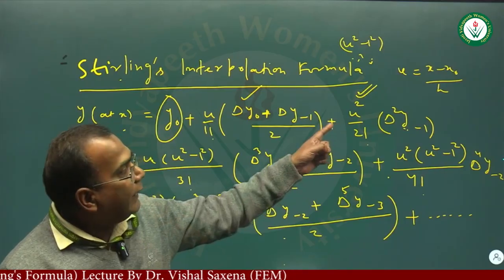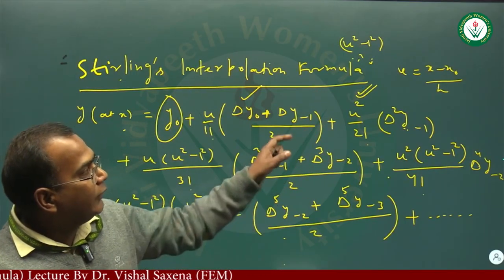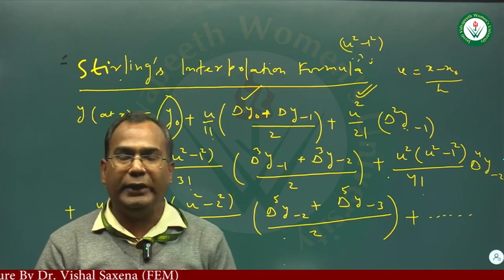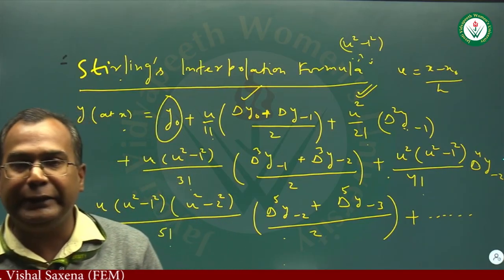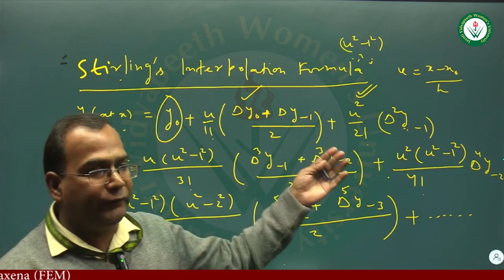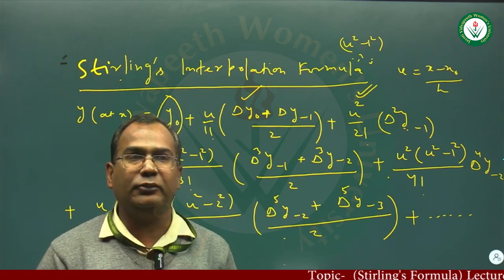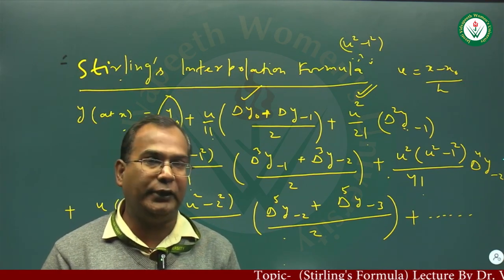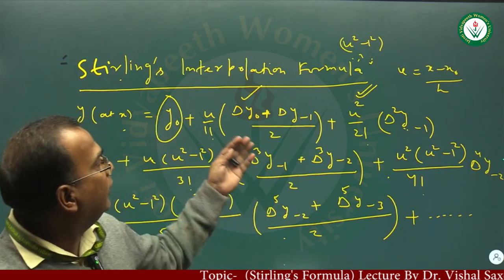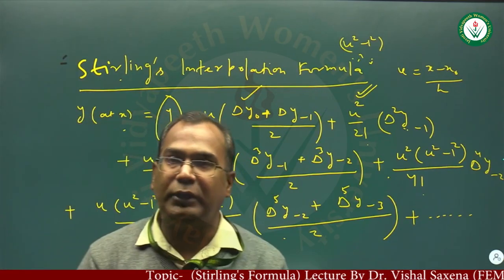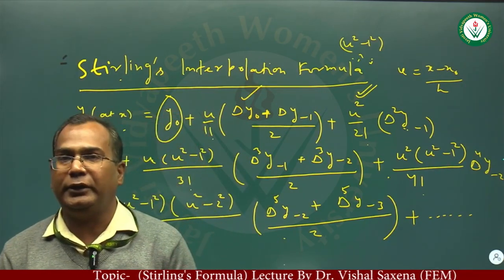While what is x naught there? x naught is an assumed value, which is either the first value x naught, or, in the central difference formula, for the Stirling's interpolation formula, x naught should be taken at the mid.